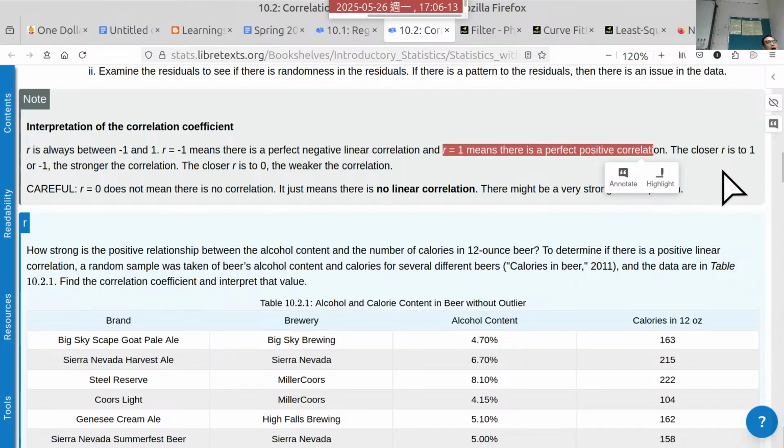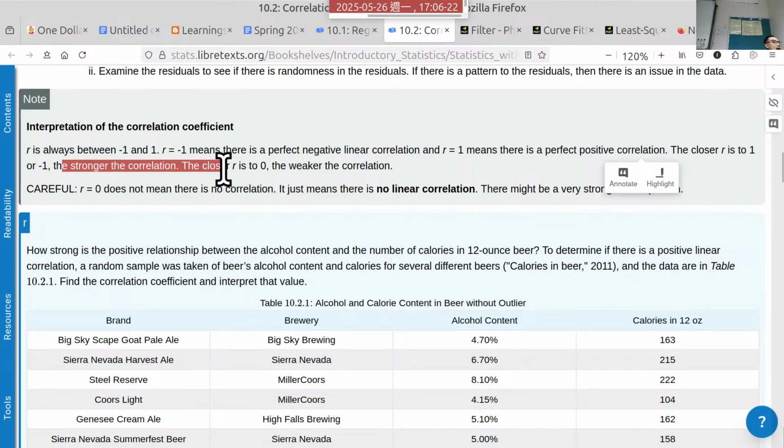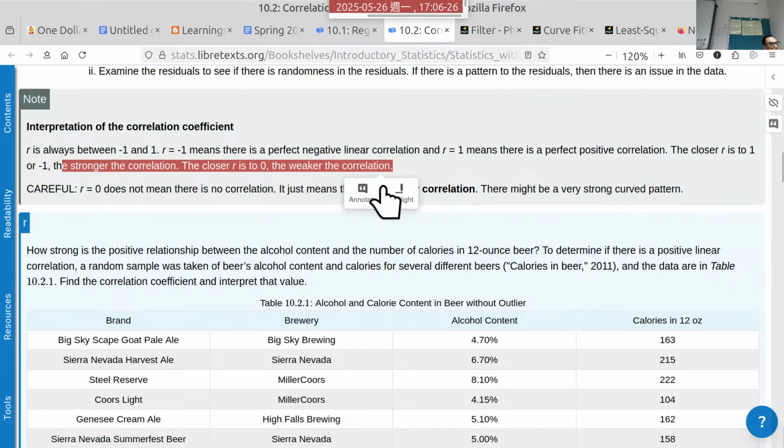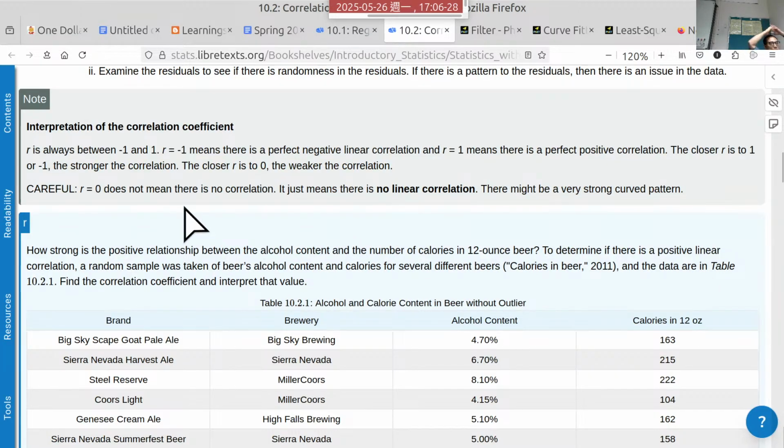The closer R is to 1 or -1, the stronger the correlation. The closer R is to 0, the weaker the correlation. Okay, again, R from -1 to +1, it means high correlation or low correlation. 0 is the lowest one. You may say, wow, -5, how about -5? No, it's a negative correlation, not negatively correlated.